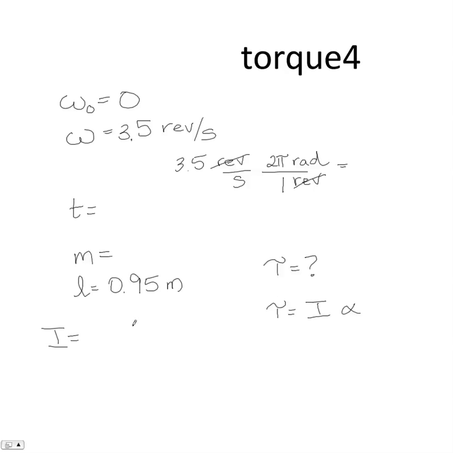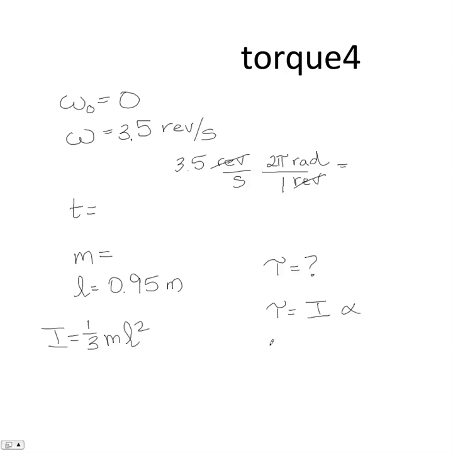And really, you hold it at the end and you rotate it around the end. It's not like twirling a baton when you twirl it around its center, right? So we're going to use the one that goes around the end, which is 1/3 mass times the length squared. And since we have the mass and the length, we should be able to calculate the moment of inertia.